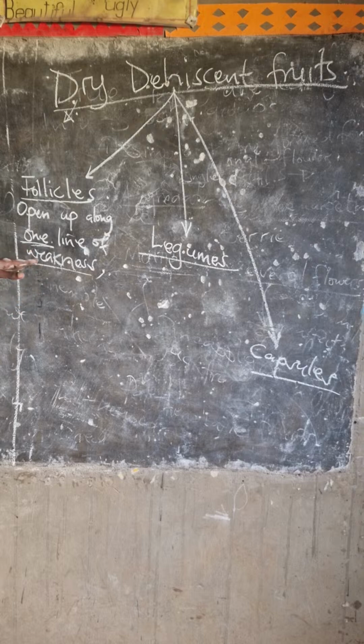The live example we can give here is that of a cassia fruit. Let me hope you've ever seen the cassia fruit. Let me show it to you here. I'm going to show you an example of a follicle. For them, they have only one line of weakness.